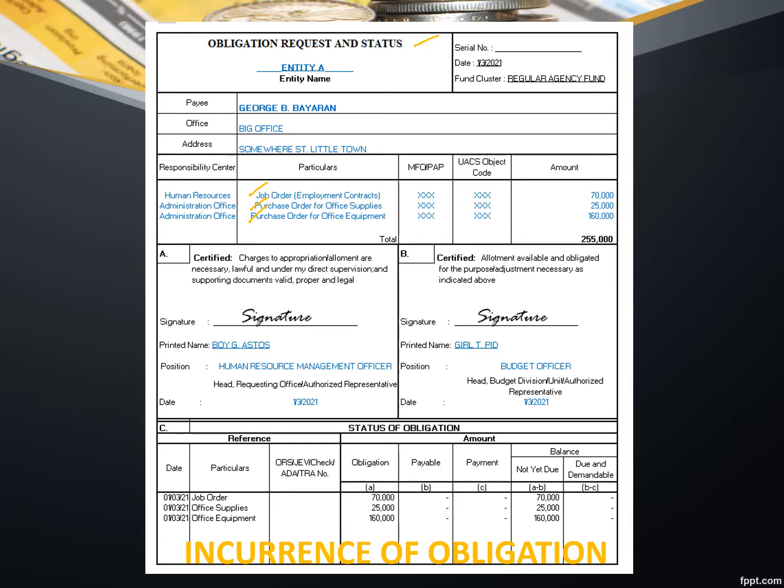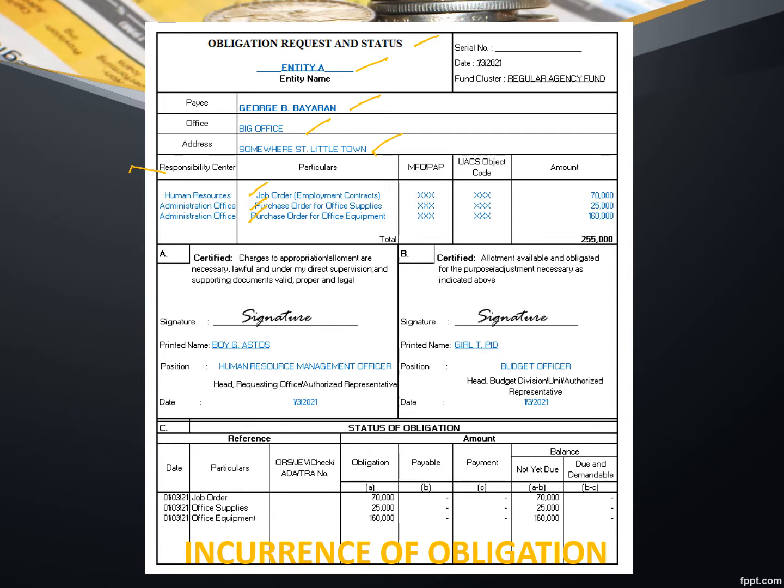So, fill out lang natin yung mga needed information: entity name, sino yung payee ng ating obligation, office ng ating payee, and then address. And then, sa responsibility center, dito papasok yung office or yung unit na responsible, or siya yung nag-request ng expenditure.